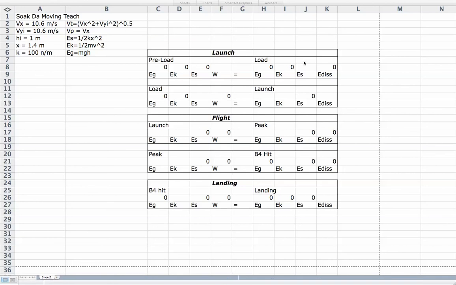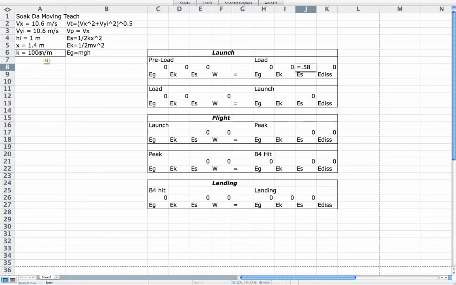And so I'm going to go ahead and calculate the energy stored in the spring. So it's going to be equal to 1/2 times k, which is 100, and I probably should have set this up so that I just had numbers over here rather than with the units.